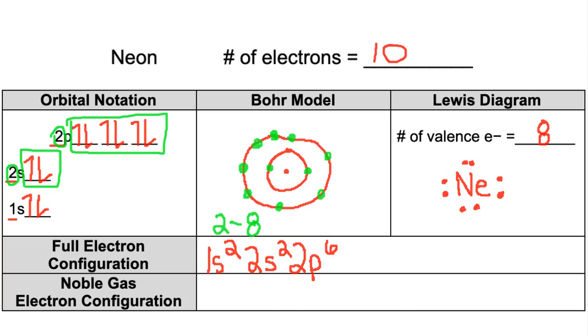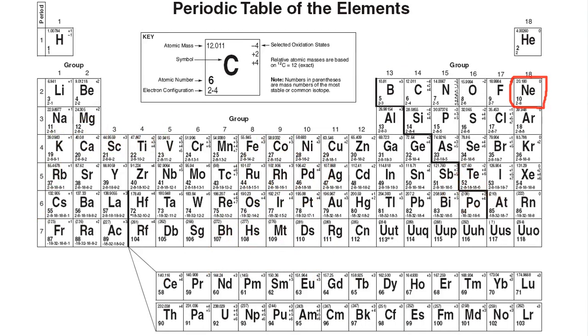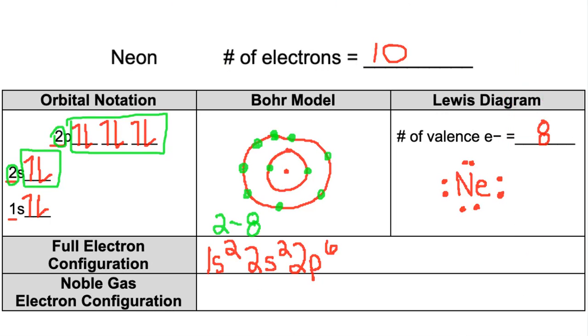If we go back to the periodic table, remember the noble gases are the elements in the far right column. Neon is in that column, so neon's actually a noble gas. In this case, the noble gas configuration doesn't do us a whole lot of good, but you'll see how it's helpful on the next example.